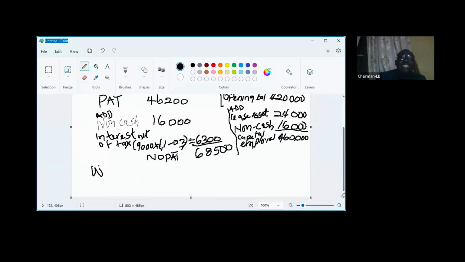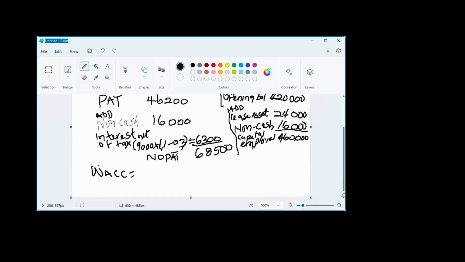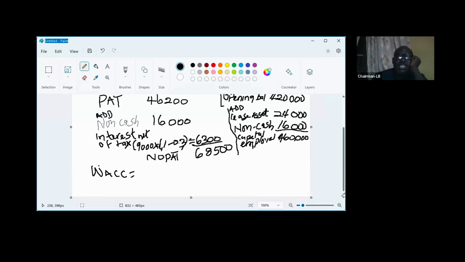That is accounting capital employed. Under EVA, accounting capital employed is not recognized. You are going to calculate economic capital employed. Under EVA, accounting profit is not recognized. You are going to calculate economic profit. That economic profit is represented by NOPAT, net operating profit after tax. Is that clear, ma?